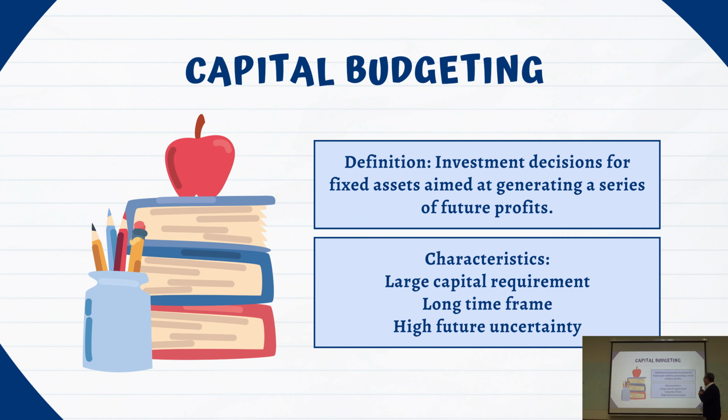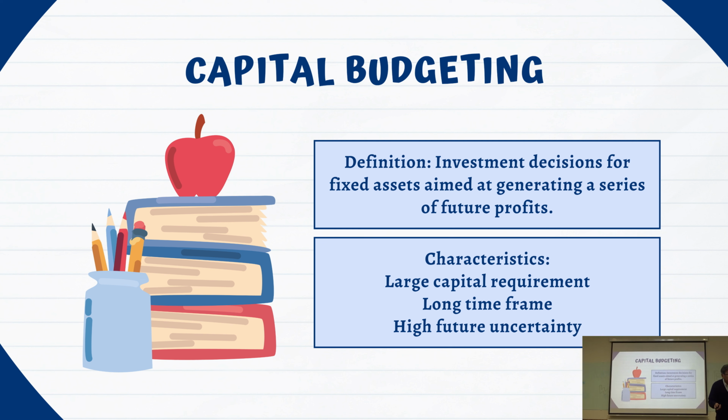So let's start with the investment decision for fixed assets, generating a series of future profits. The reason is we want to invest through capital budgeting, so we buy assets.